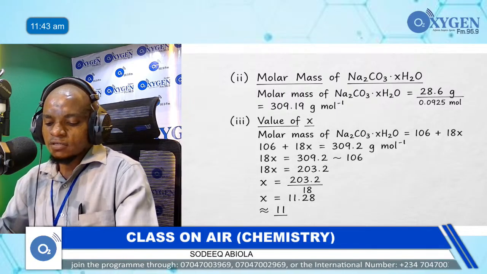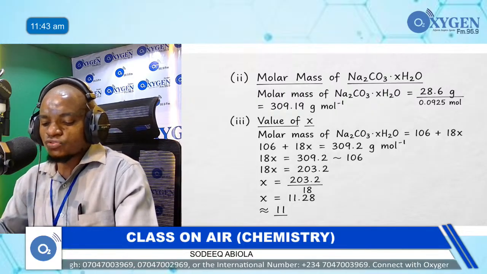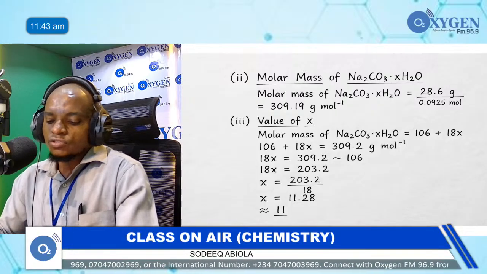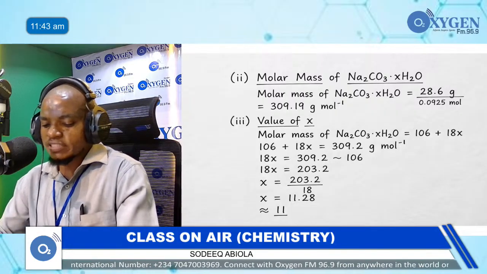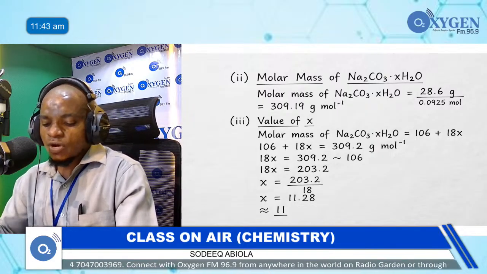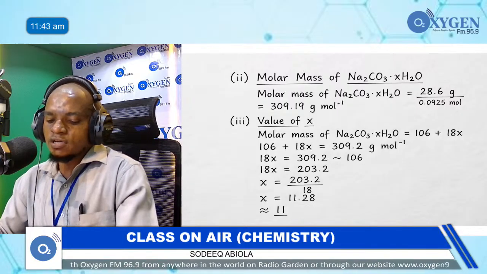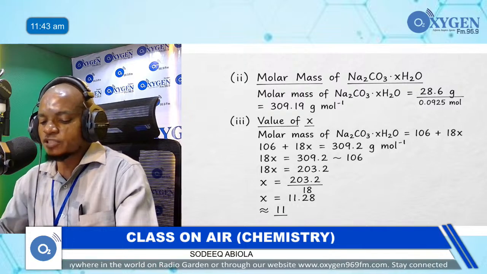Let's neglect the unit there. If we now subtract 106 from both sides, we are going to have 18x equals 309.2 minus 106. So that will be 18x equals 203.2.